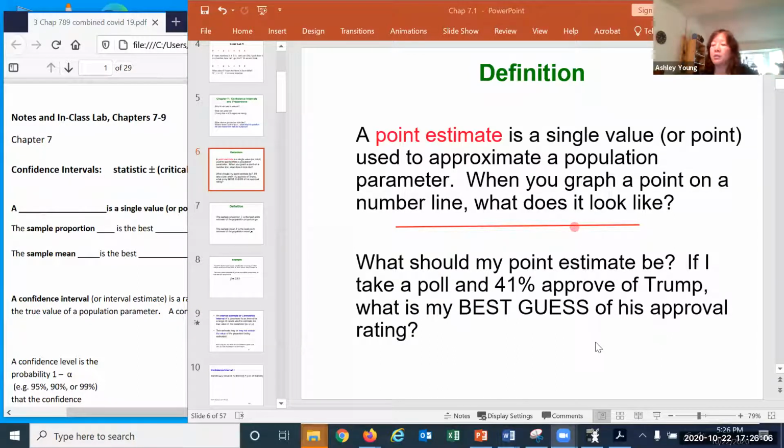Okay, so keep reading. What should my point estimate be? If I take a poll and 41% approve of Trump, what is my best guess of his approval rating? Everybody, private chat me what my point estimate should be. Private chat it.